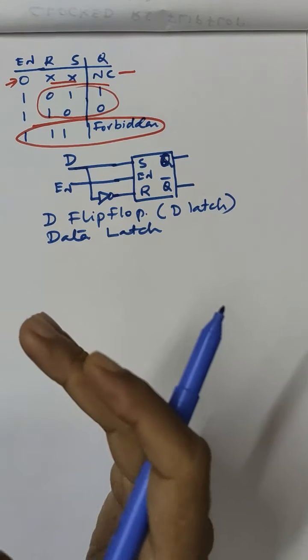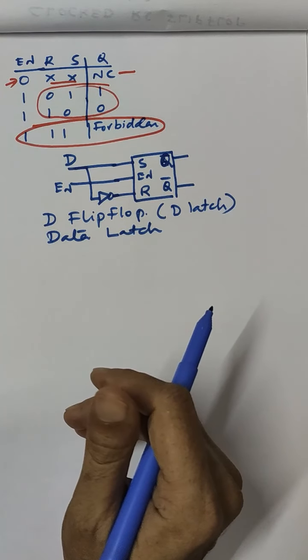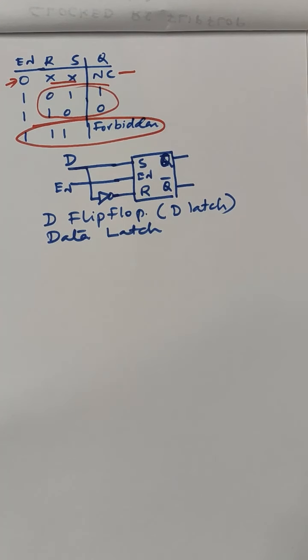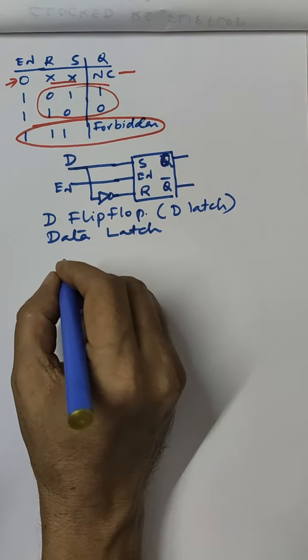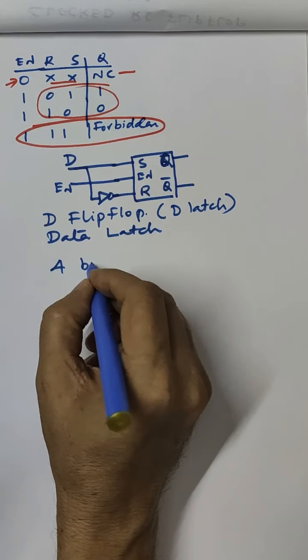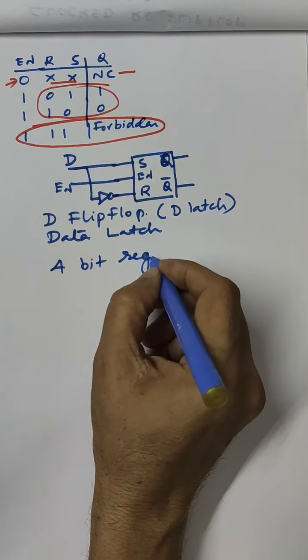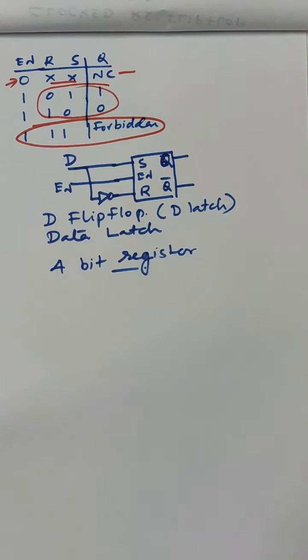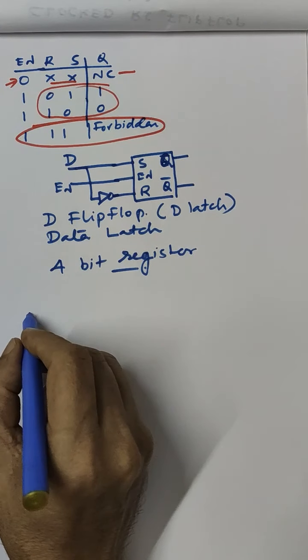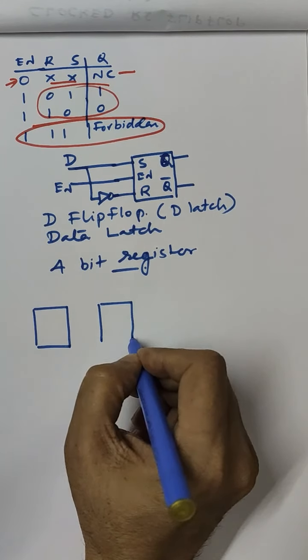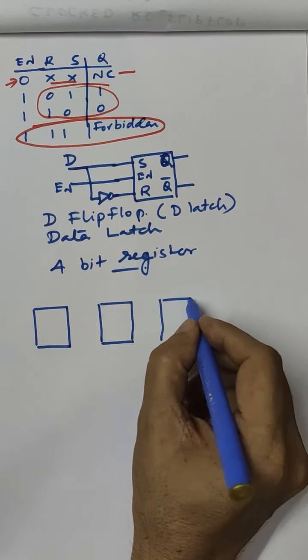If you have to construct a 64-bit register, you have to use 64 such D flip-flops. For convenience, we can discuss a 4-bit register. You can extend this to any number. To construct a register of 4 bits, you have to use 4 D latches. If it is an 8-bit register, you have to use 8 latches, and so on.